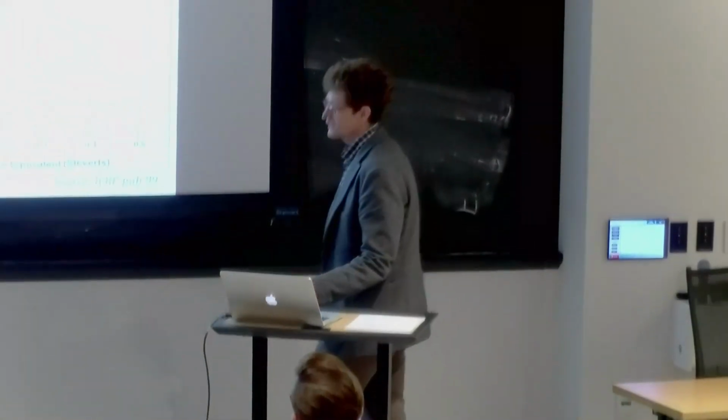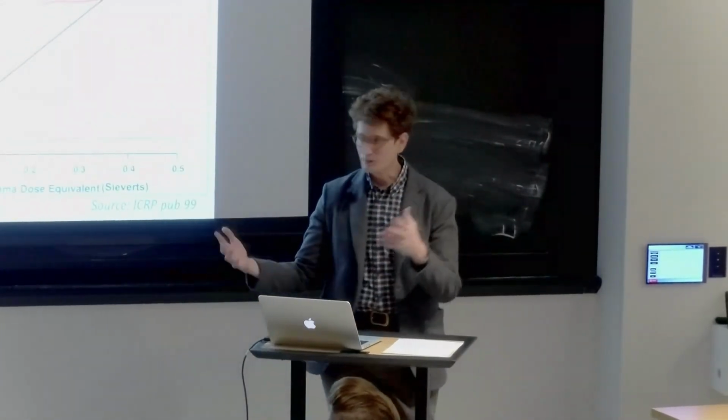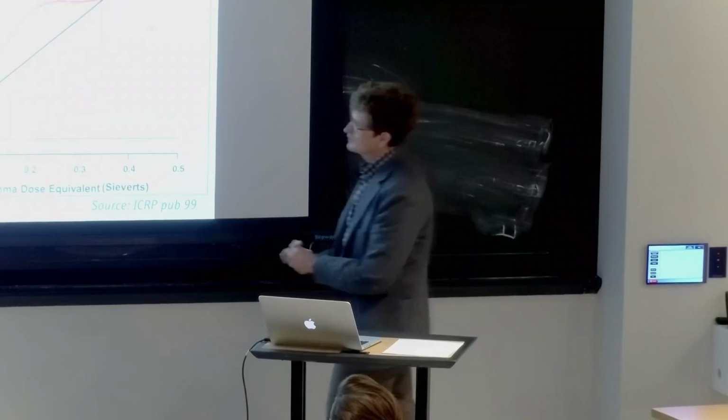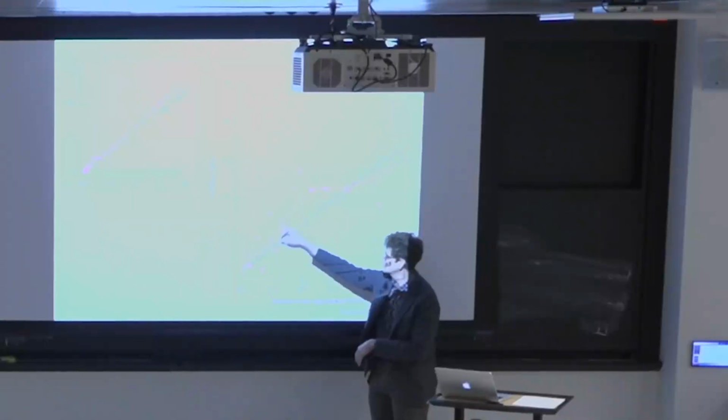All right, so this is kind of like the grand plot from the lifespan survey. This is from ICRP publication 99, which is actually assigned reading. I hope you looked at it. And here is up to 2 sieverts of dose, and you can see the linear regime. And then you see in the low dose regime, there does appear to be this like super linear region.